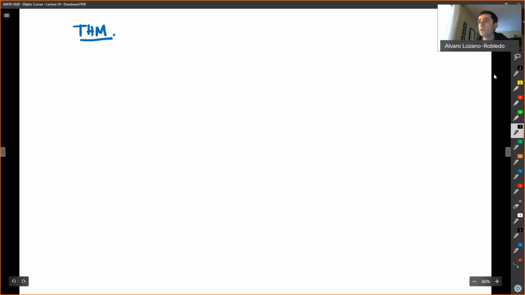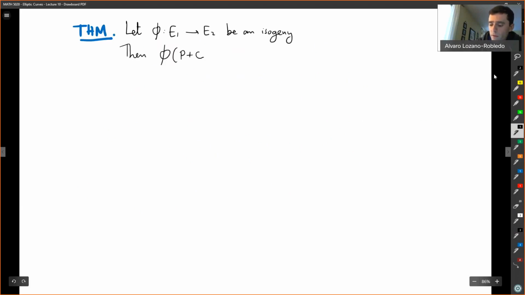Let phi from E1 to E2 be an isogeny. Then phi of P plus Q is phi of P plus phi of Q for all P and Q on E1.